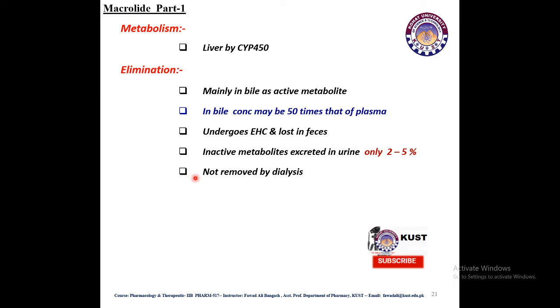That's why it cannot be removed by dialysis. Even the dose need not be adjusted in the renal patient, because the inactive metabolites present in the urine are in very small concentration, like 2 to 5%. So no need of dose adjustment in renal patients, and it cannot be removed by dialysis.